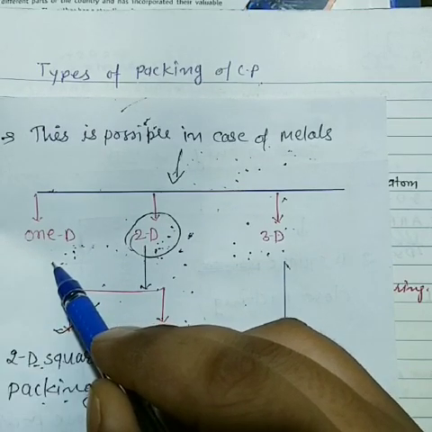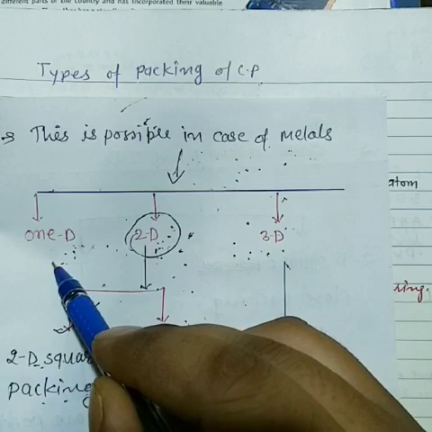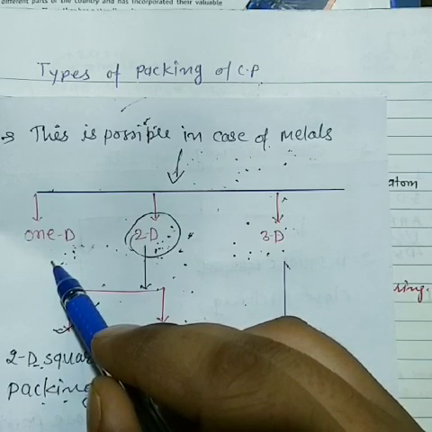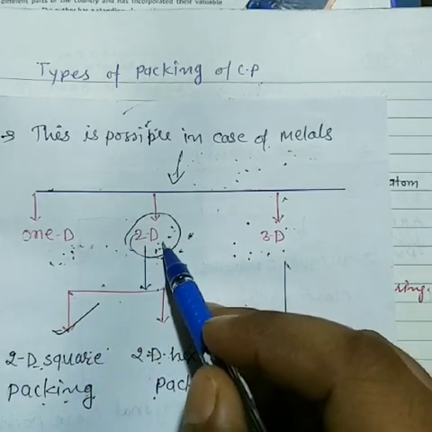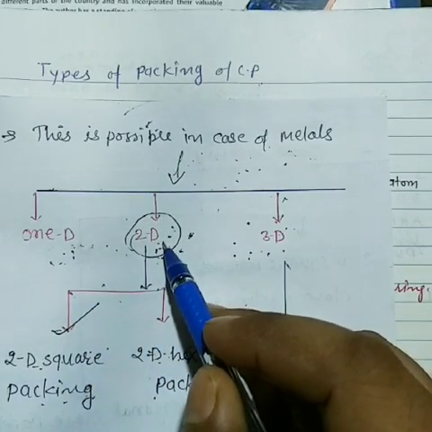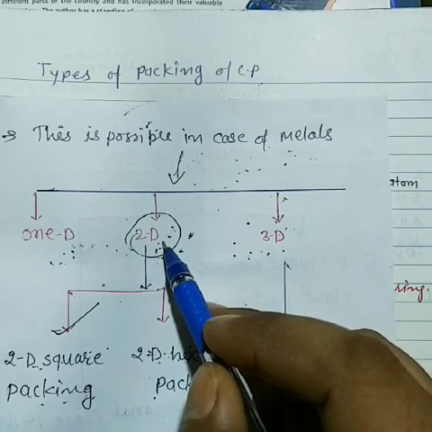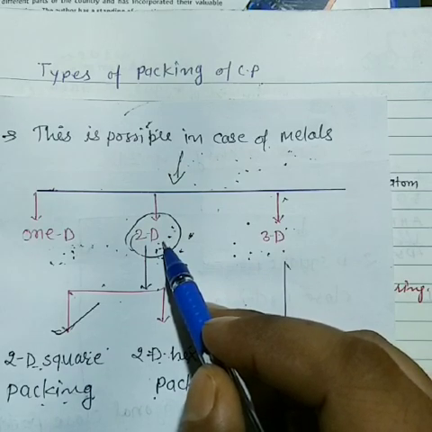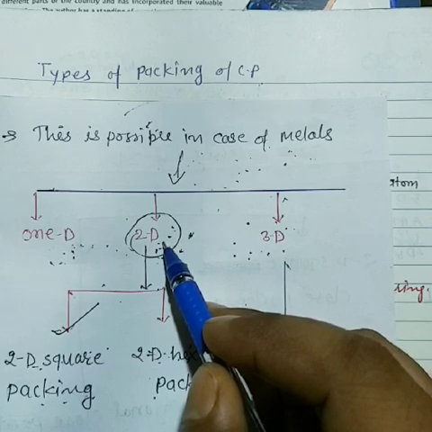First of all, I want to tell you about one dimensional. That means a substance lying on the earth surface is called 1D. And what about 2D? 2D means the atom is neither on the earth surface nor in complete space. That means they lie between the earth surface and complete space.